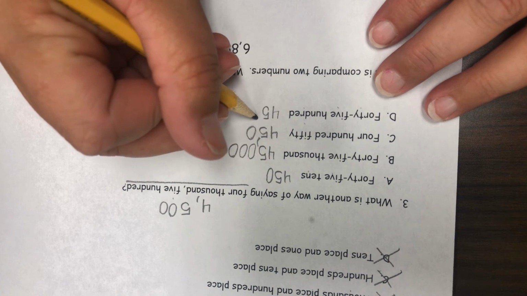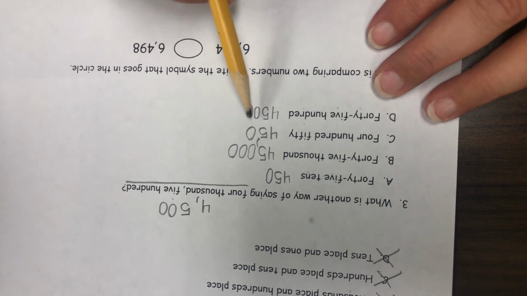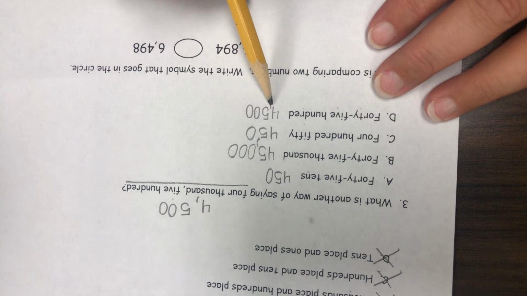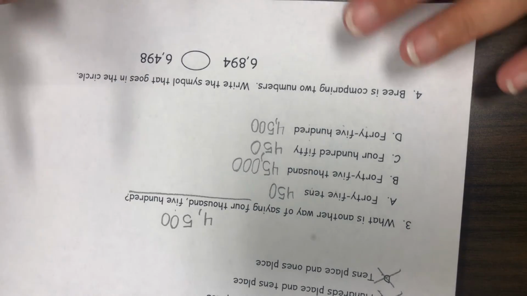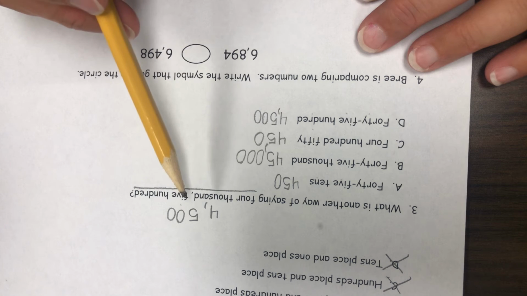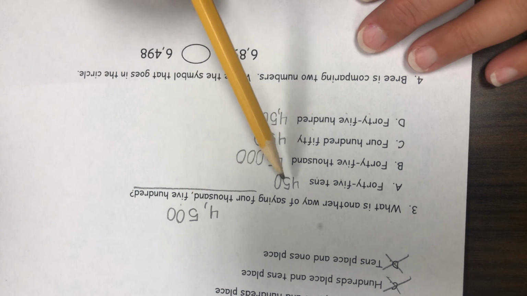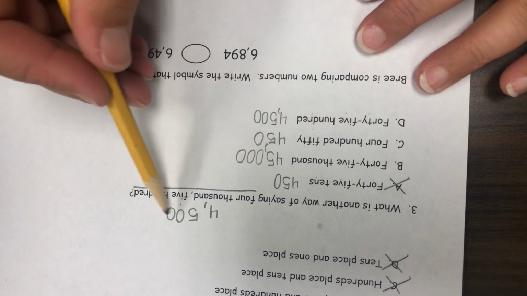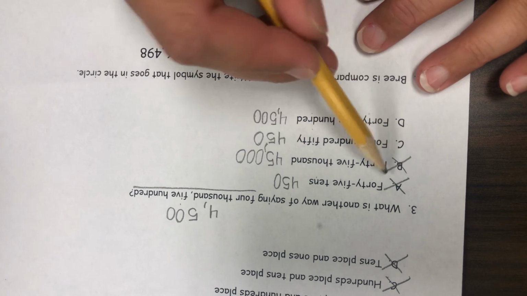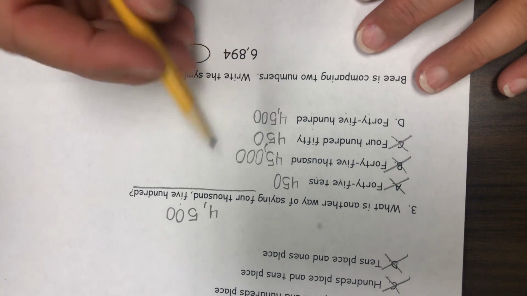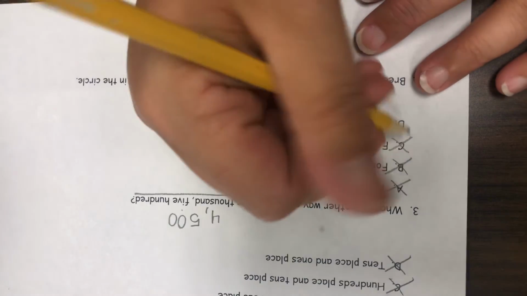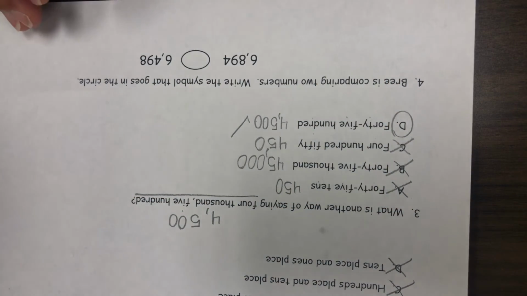How many zeros are in 100? 2. All right, so what's another way of saying 4,500? Now we're just playing match. It's not A. It's not B. It's not C. Looks like it's D. D is your correct answer.